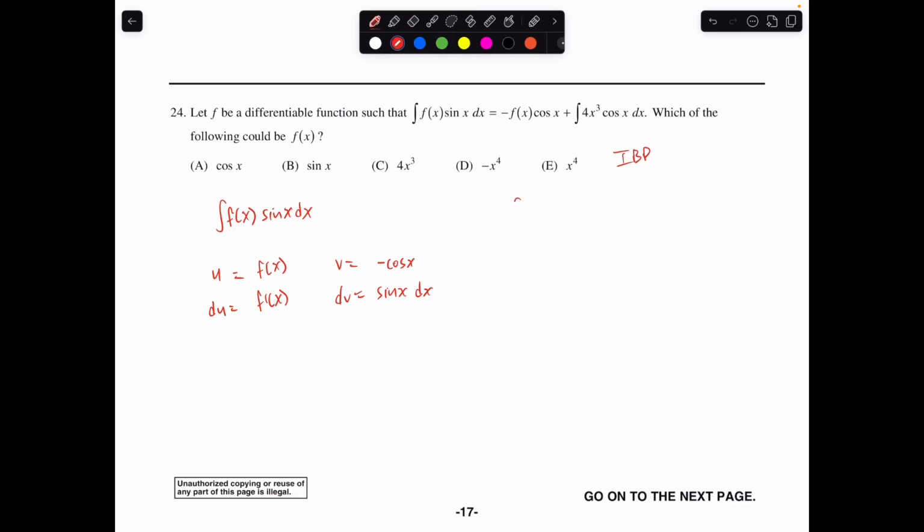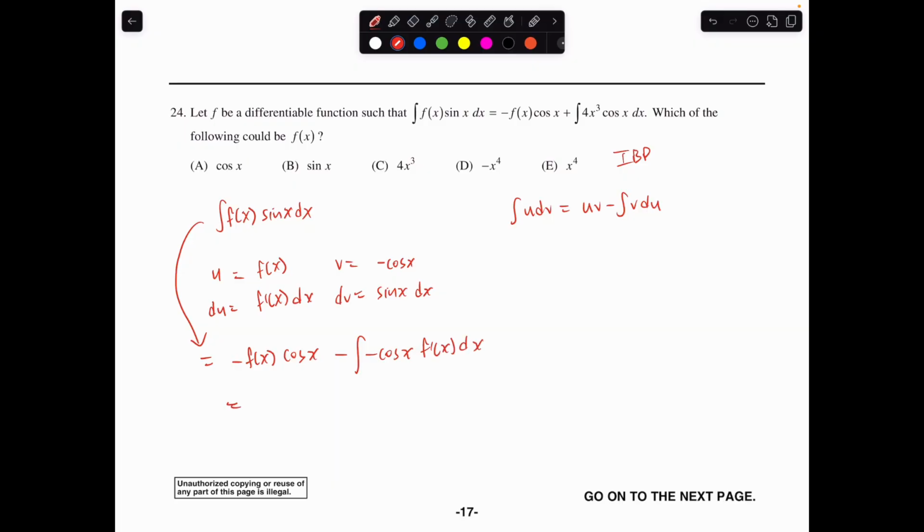So when I have the integral of u dv, that's equal to uv minus the integral of v du. That's integration by parts. So this integral is going to be equal to u times v, which is negative f of x cosine x, minus the integral of v, which is negative cosine x, times my du, which is f prime of x dx.